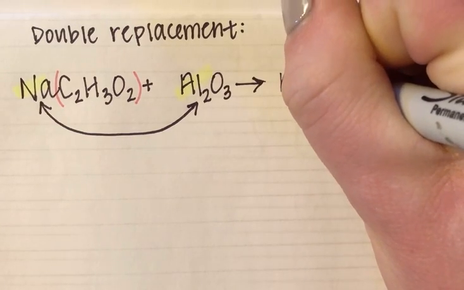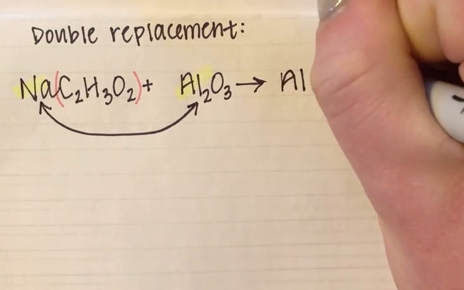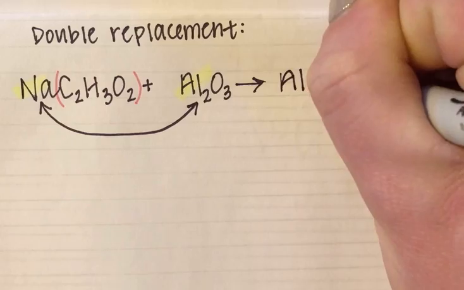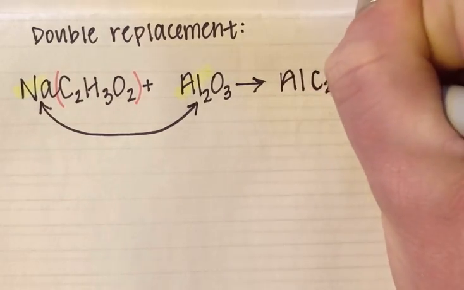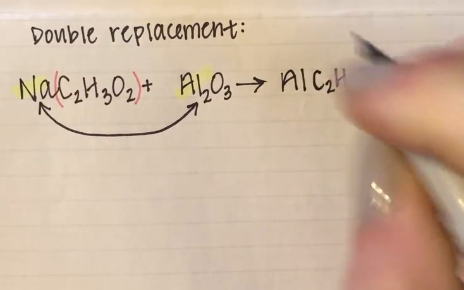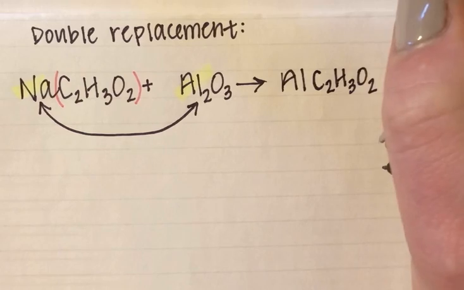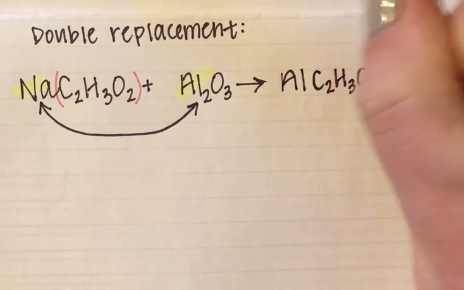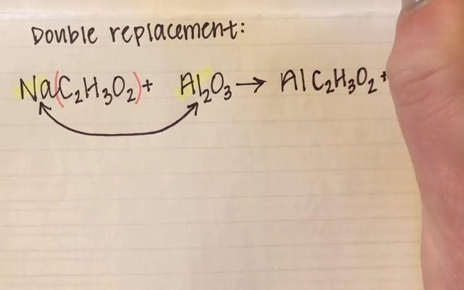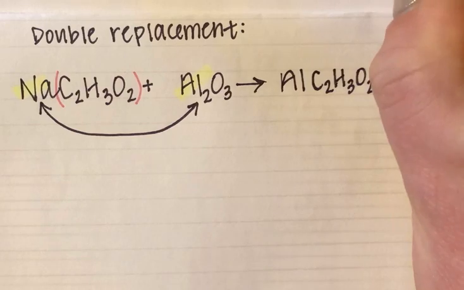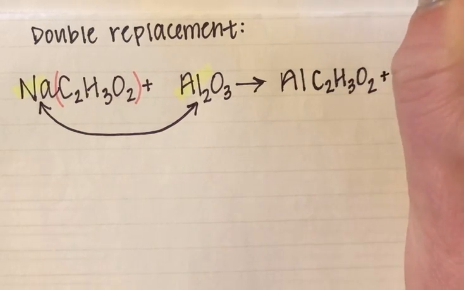So bring the whole thing in parentheses, C2H3O2 over, plus, and I'm going to go down a little bit, sodium oxide.